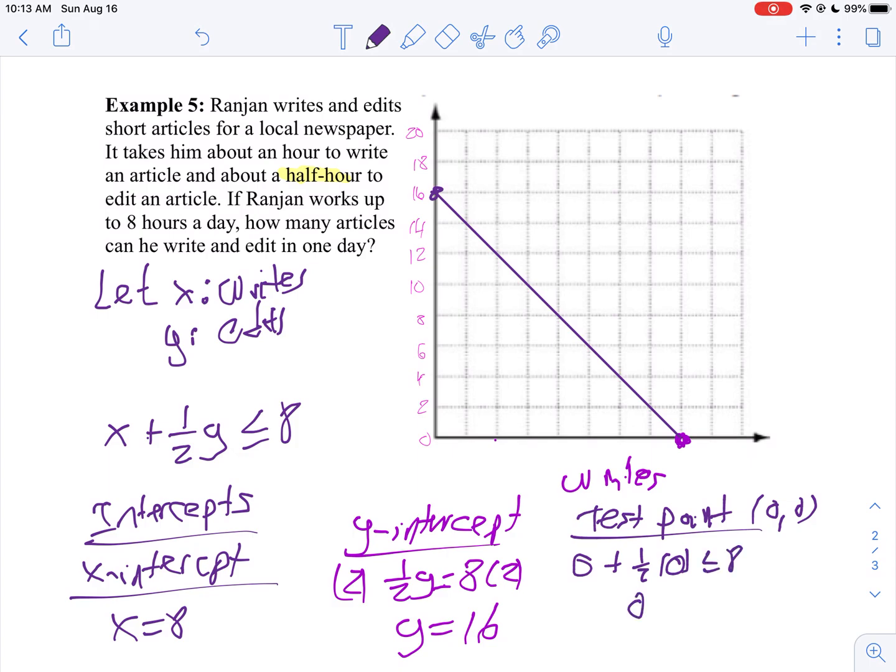So we end up with 0 is less than or equal to 8. That's true. So we're going to shade the side of our graph that has 0, 0. So we're going to shade below this line. So anything in the shaded region is what he could do in a day.